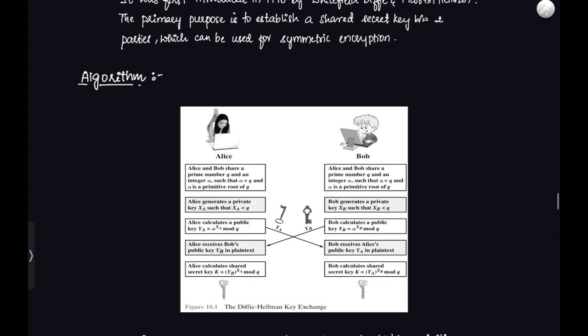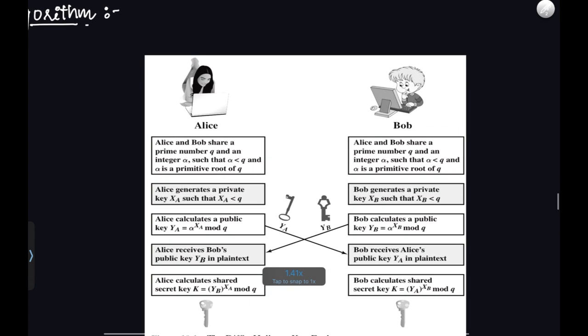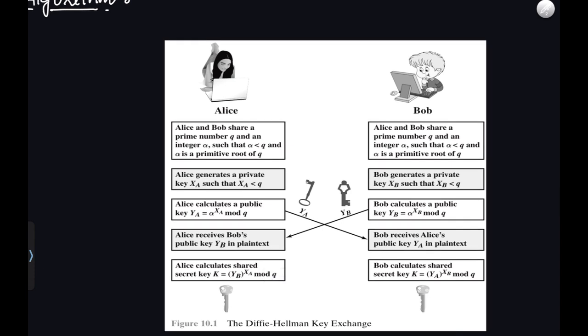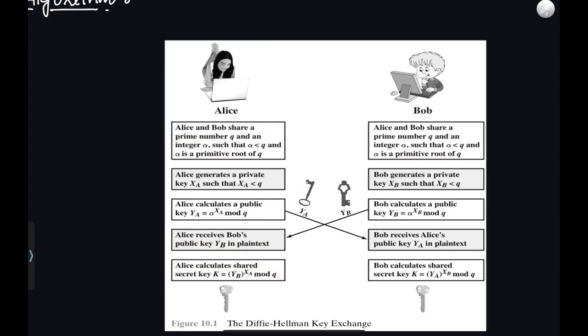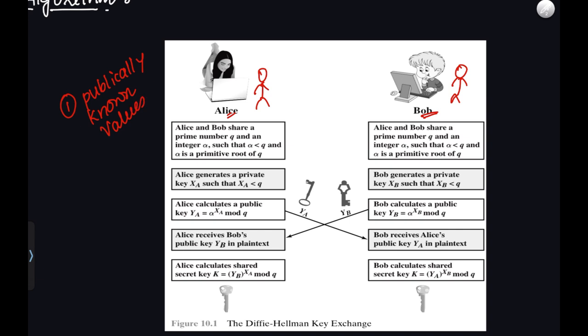We'll look into the algorithm and understand it very clearly. The algorithm is very simple, and you can write it very easily also. We have two communicators here: Alice, the sender, and Bob, the receiver. The first step is the publicly known values. We make use of two values here.